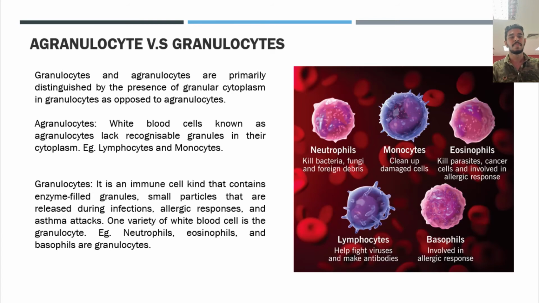A granulocyte, on the other hand, is an immune cell that contains enzyme-filled granules, small particles released during infections, allergic responses, and asthma attacks. The varieties of granulocytes are neutrophils, eosinophils, and basophils. So there are three main types of granulocytes.